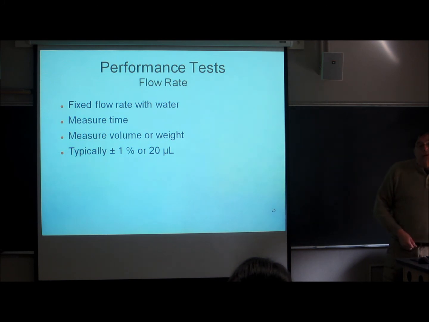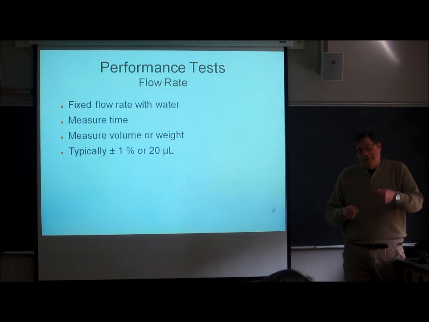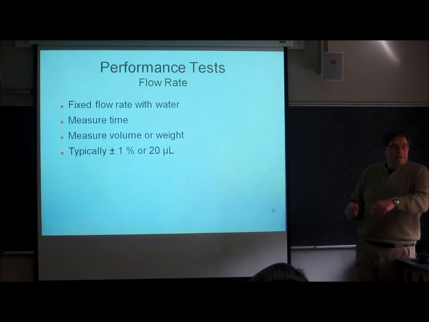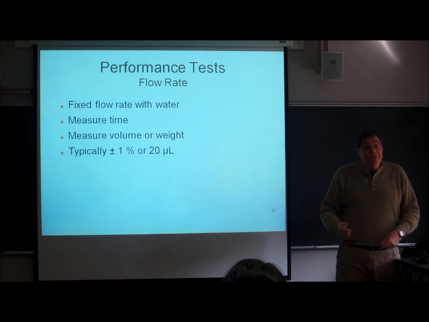So flow rate, how do you measure that? Old-fashioned way: a stopwatch, an analytical balance, and a vessel that will not allow much evaporation because it takes a while. What you do is you turn the instrument on to a particular flow rate, and put the output from the detector inside your vessel. Weigh it before you put it in there.